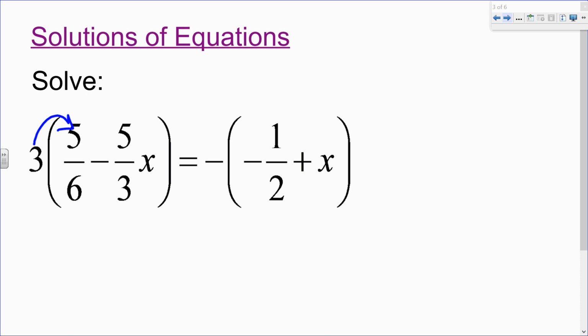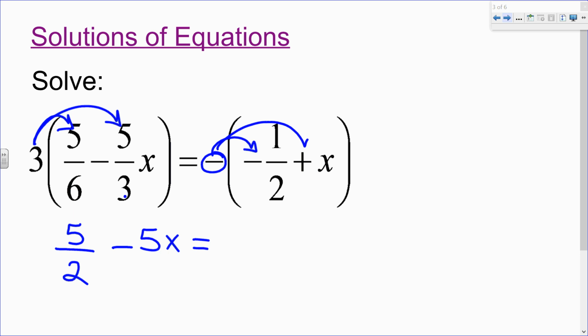So if I take 3 times the 5/6, I get 5 halves. If I simplify, the 3 over the 6 reduces to a half. If I multiply times the minus 5/3, this 3 clears the denominator in that part, so I just have a minus 5x. On the right side, I need to distribute my minus sign, so that changes all of the plus minus signs inside the parentheses, and I have a half minus x.